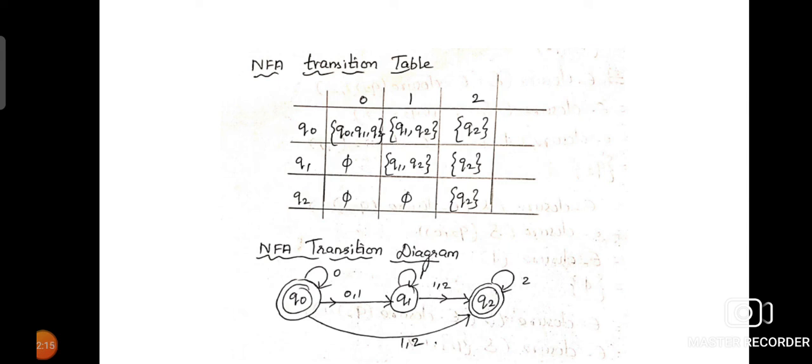Or we can say when we apply 2 to Q0, the next state is simply Q2. So in this manner, by checking all the transitions from the table, we construct the diagram. So this is our final transition diagram for the NFA, non-deterministic finite automata, for the given epsilon NFA. Okay, thank you all.